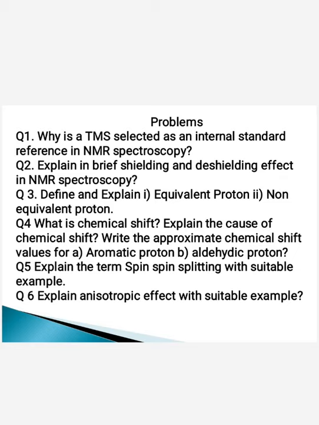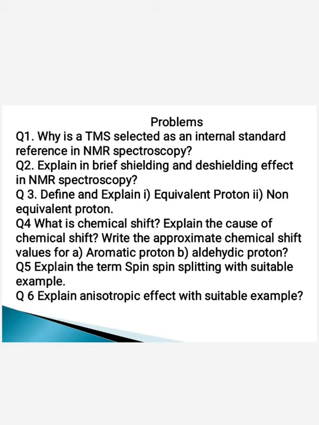And the last point is the anisotropic effect with suitable example, which we discussed in the shielding and de-shielding effect. Benzene is the most interesting example of anisotropic effect, in which the main point is the de-shielding zone and the shielding zone.